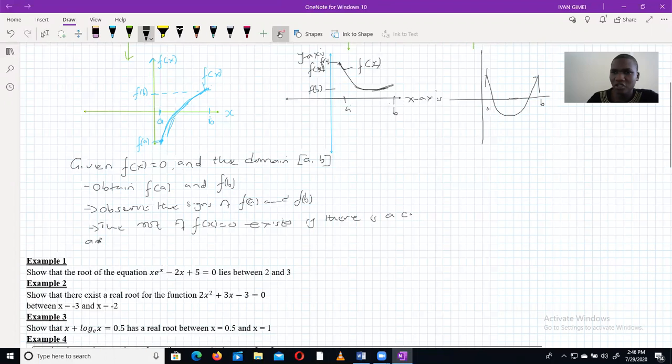If there is a change in sign, the root exists.